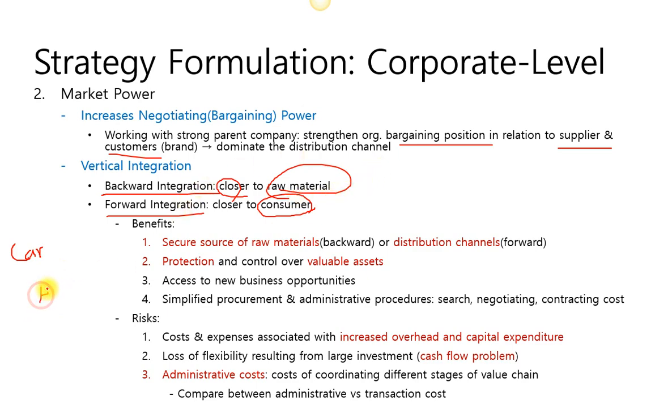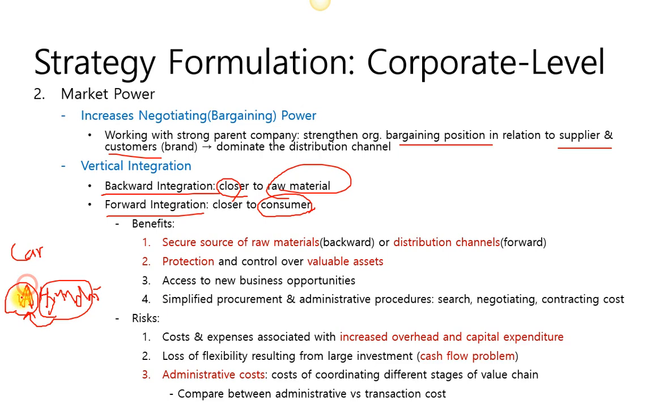So if Hyundai decided to buy a company that sells car parts, that's called backward integration, right?